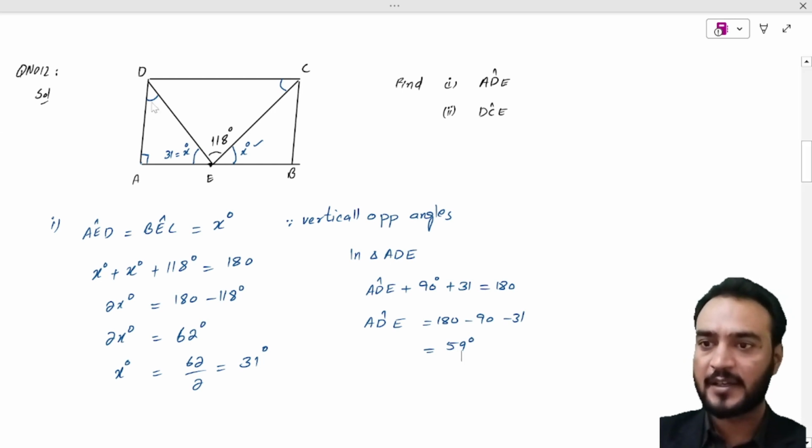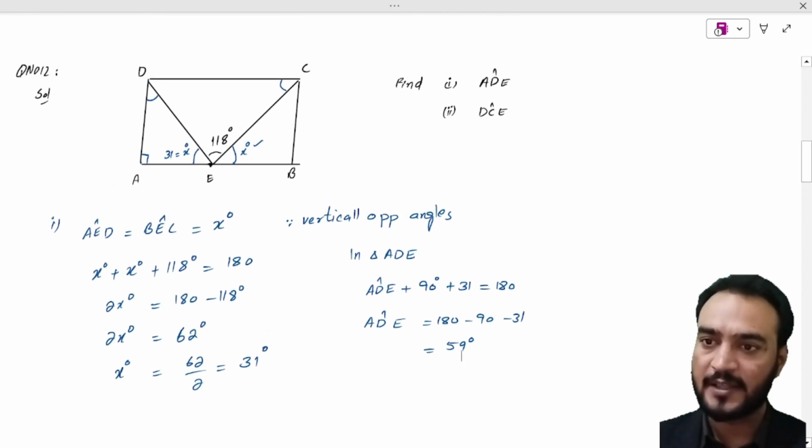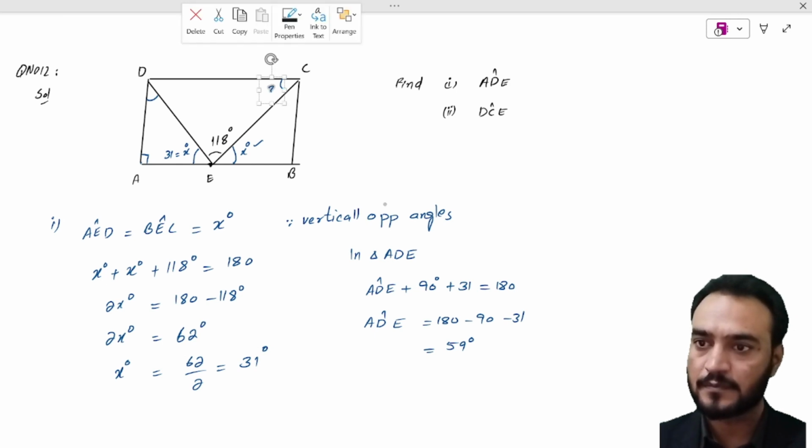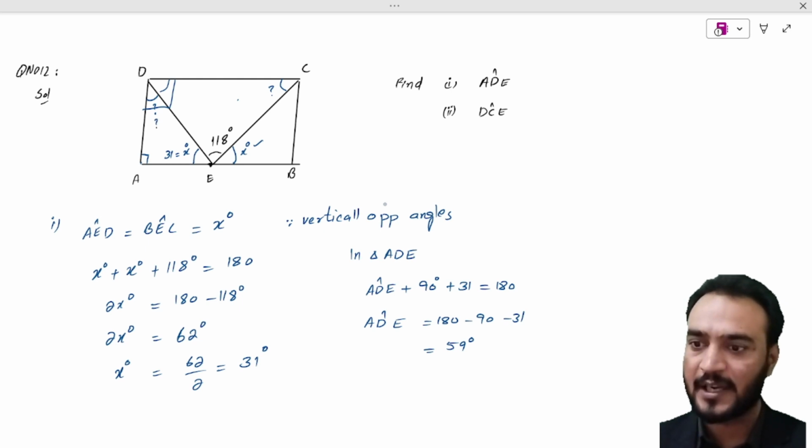Now we will find the value of the angle DCE. We have to find this angle. For that, we will consider the triangle DEC, where this angle can be found by subtracting the angle over here from 90 degrees, because this complete angle is equal to 90 degrees, and this angle we know is ADE and it is equal to 59 degrees.